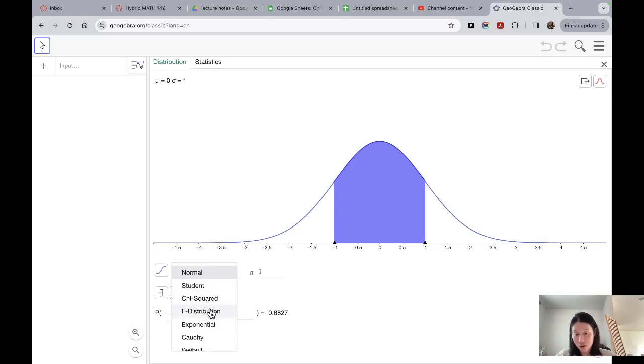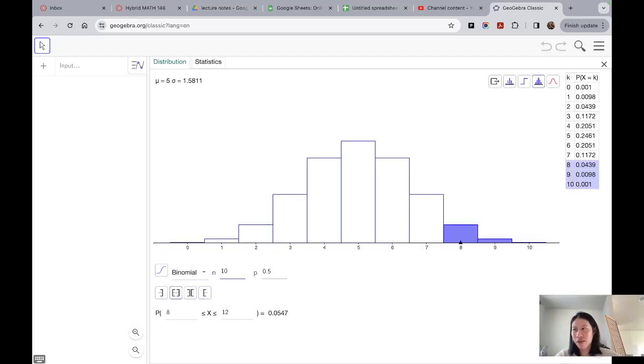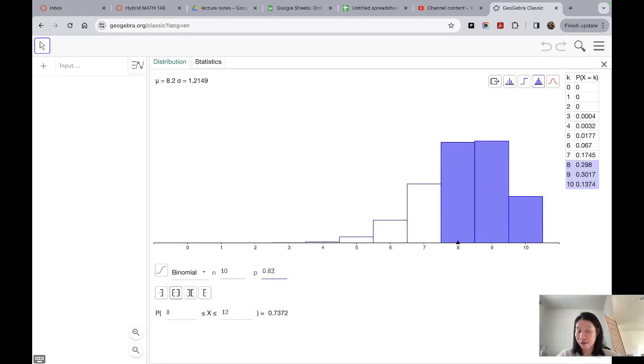After you found that, there is a drop-down menu that says what distribution. We have student distribution, exponential distribution, gamma, logistic, but we want binomial distribution because the question meets all the requirements for the binomial distribution. So n is how many trials. She's doing 10 trials, and in each trial, her success rate is 82%.